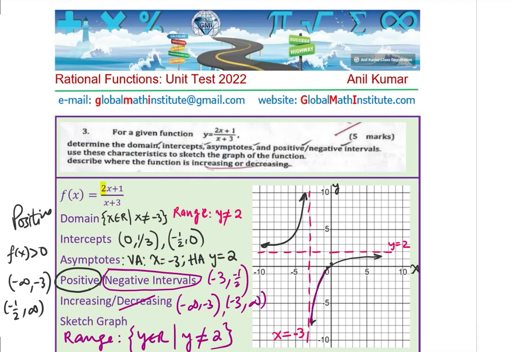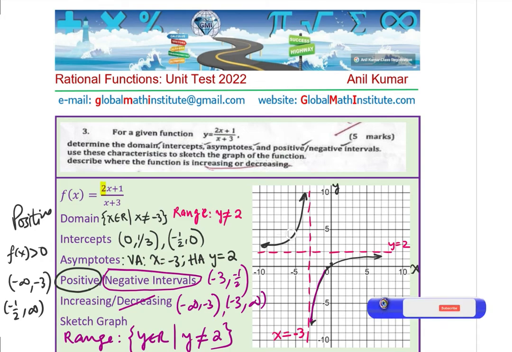So we saw that the domain of this function is going to be everything but the vertical asymptote, which is at x equals to minus 3. Range is everything but this y equals to 2 value. Asymptotes, we have those two, right? Horizontal and vertical.